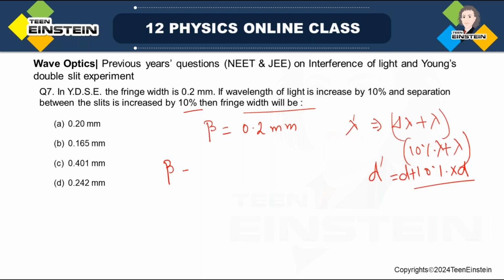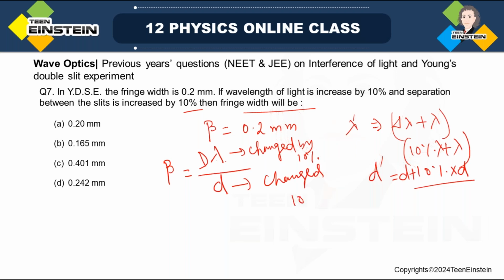See, beta is equal to capital D lambda by small d. Now see, if the lambda changes by 10 percentage, these are actually multiplication and division terms, changed by 10 percentage, and also d is changed by 10%, then what is happening, the ratio actually doesn't change.